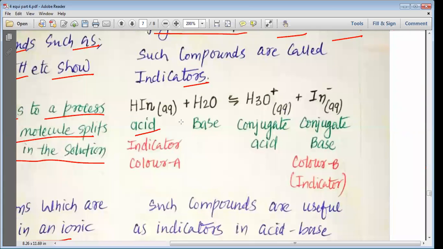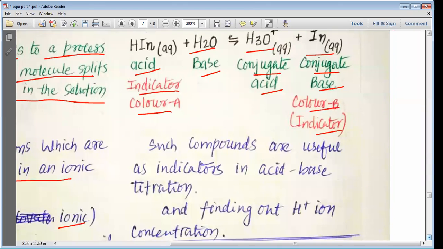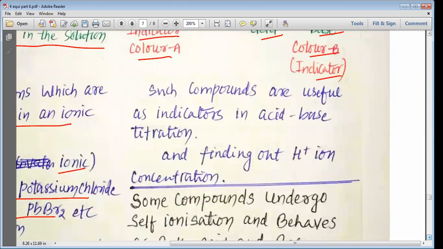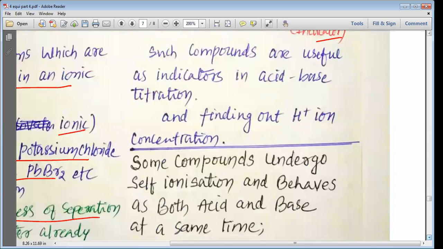So HIn, which is an acid, when added to water, which behaves as a base here, produces H3O plus ion, and you get In minus, which is the conjugate base of this acid. This indicator has a color A, and that has a color B, and that is why it shows various colors in the two different media, whether acidic or basic, and that is why we call it an indicator. It indicates whether the medium is acidic or basic, or sometimes the pH.